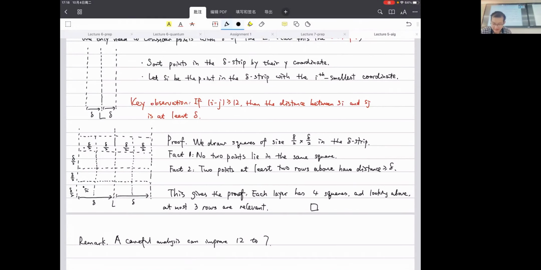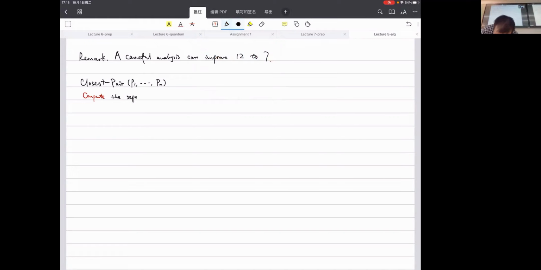So the algorithm closest pair. Let's call the points P1 to Pn here. The first thing that we will do is compute the separation line L such that half the points are on the left-hand side and half on the right side.